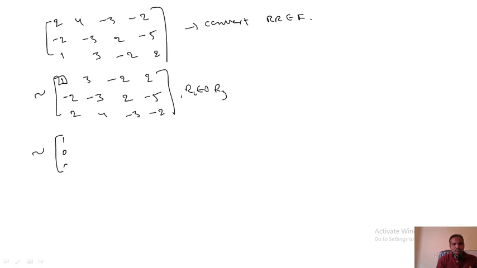So convert these two terms to zeros. That means apply R2 is R2 plus 2R1. On R3 apply R3 minus 2R1. Therefore R2: minus 3 plus 6 is 3.